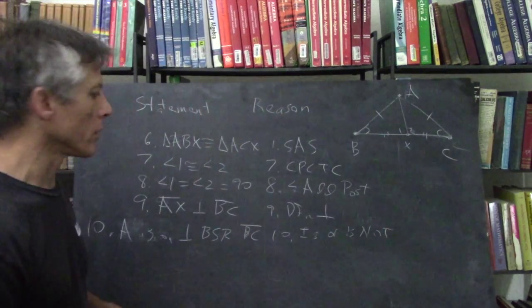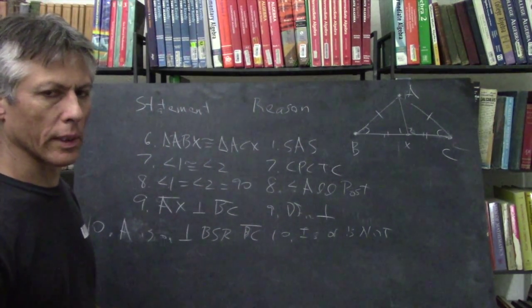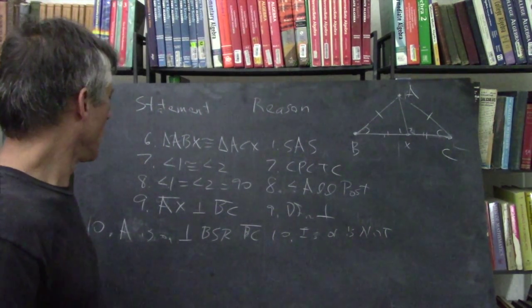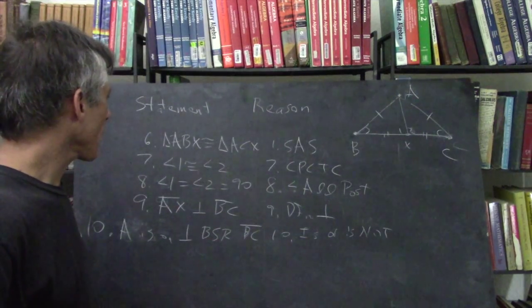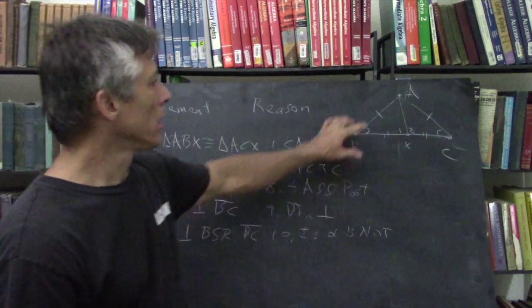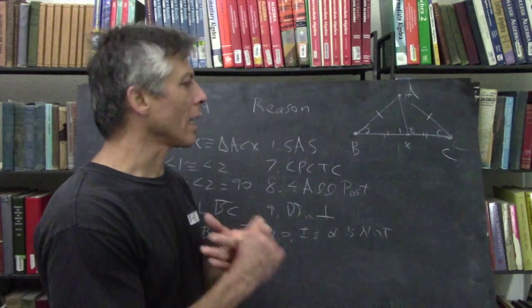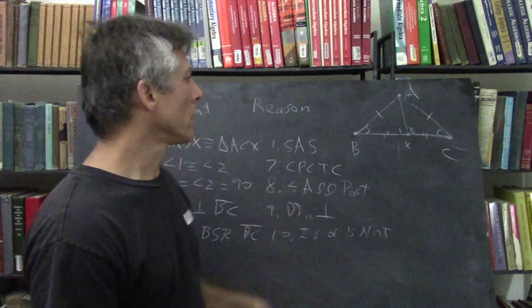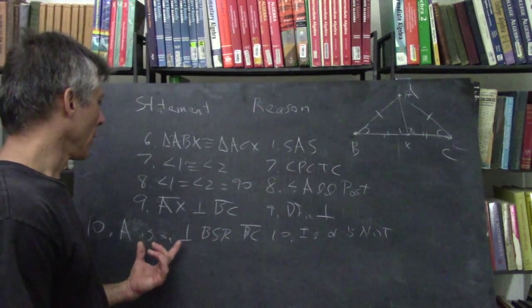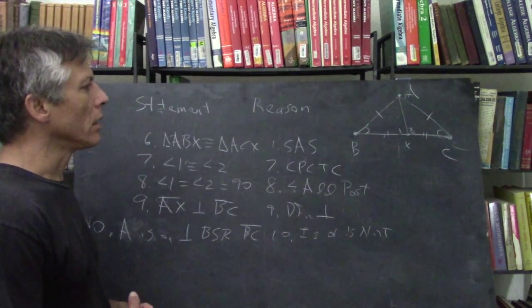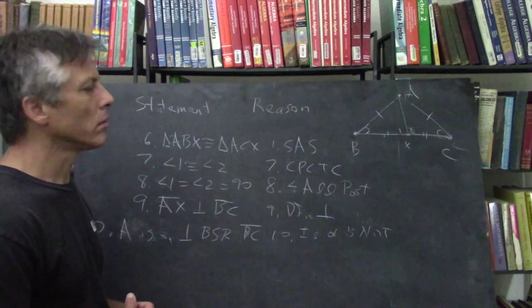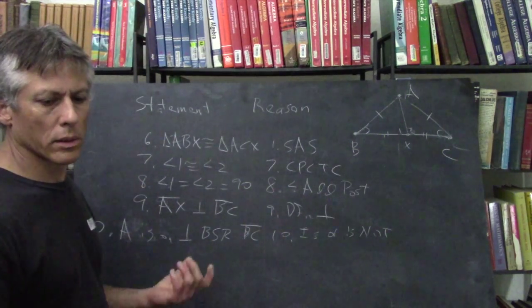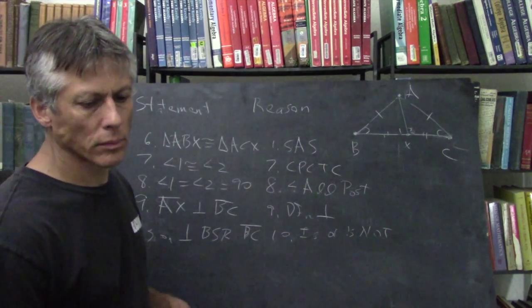I'll just call that is or is not again. And we'll have to dig into some logic in class. But we assumed AX was not the perpendicular bisector, and that gave us a contradiction. So then we know, well then, A must be on the perpendicular bisector. And so then we proved it.